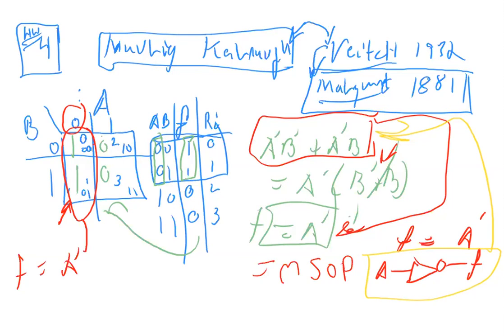So being able to arrive at a minimal form is a totally different skill set than being able to arrive at a canonical form. But it's an important skill set, and it's one that is covered in your reading. And I'll tell you where that's at. It's called two-level simplification, and it is starting on page 65.